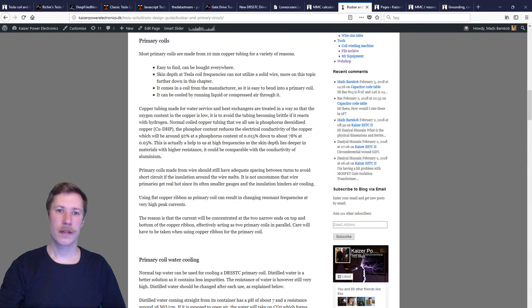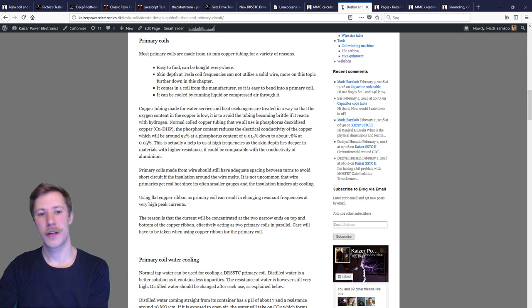Now, primary coils, there is really no alternative to copper tubing. It is superior in so many ways, both in price, how easy it is to work with, and the electrical conductivity. Now, copper tubing made for water installations in houses is not pure copper, but even with its high copper content, it is still very fine for a multi-1000 ampere switching circuit.